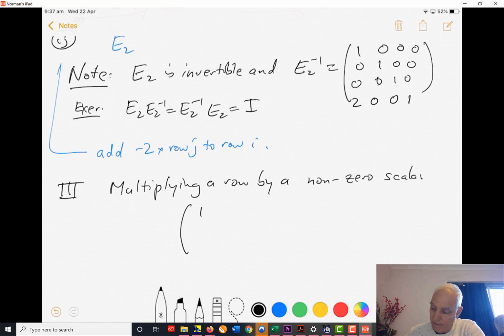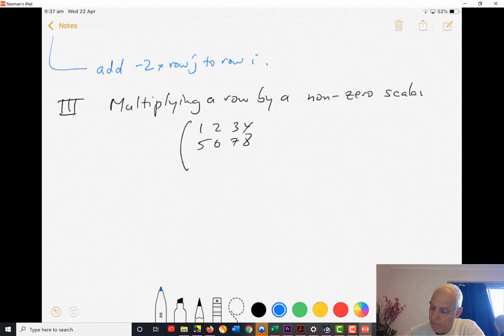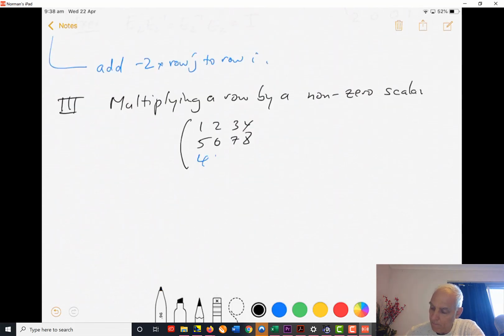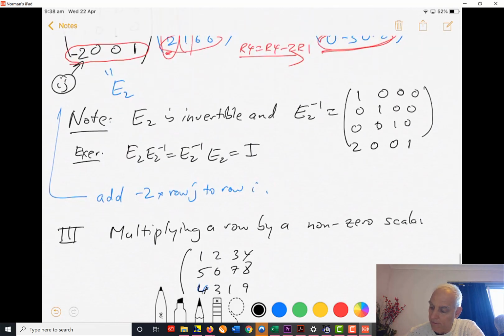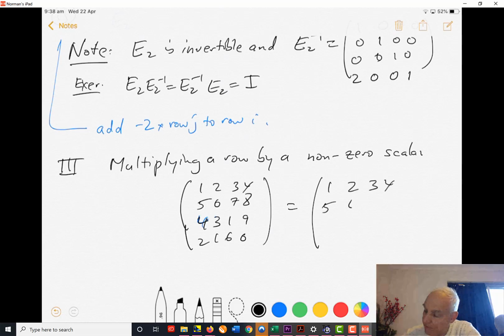Take the matrix 1, 2, 3, 4, 5, 6, 7, 8, 4, 3, 1, 9, 2, 1, 6, 6. Suppose that we want to multiply this third row by 3. So we want to go to 1, 2, 3, 4, 5, 6, 7, 8, multiply the third row by 3, giving 12, 9, 3, 27, and leave the other ones where they are.